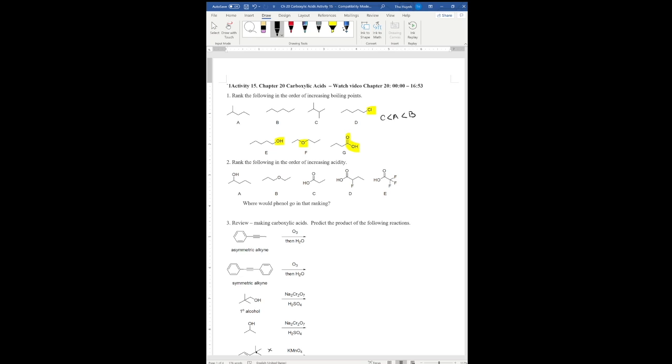Now let's consider D and F, because they don't really have hydrogen bonding within the structure, but they have dipole-dipole force. So what we have to do is look at the dipole. What we have to look for is the difference in electronegativity of the bonded atoms.